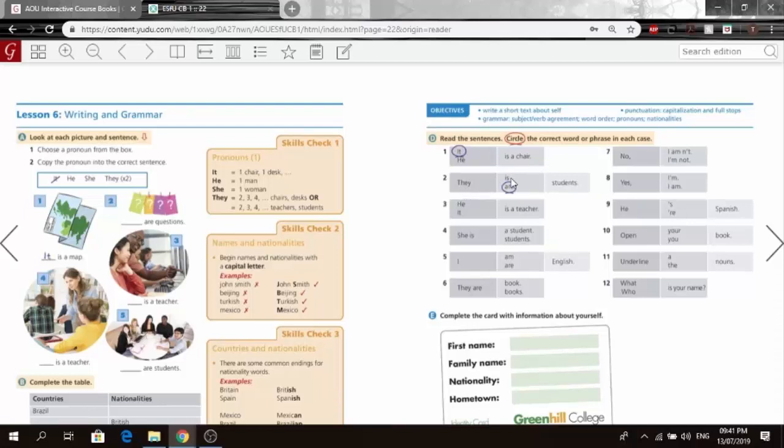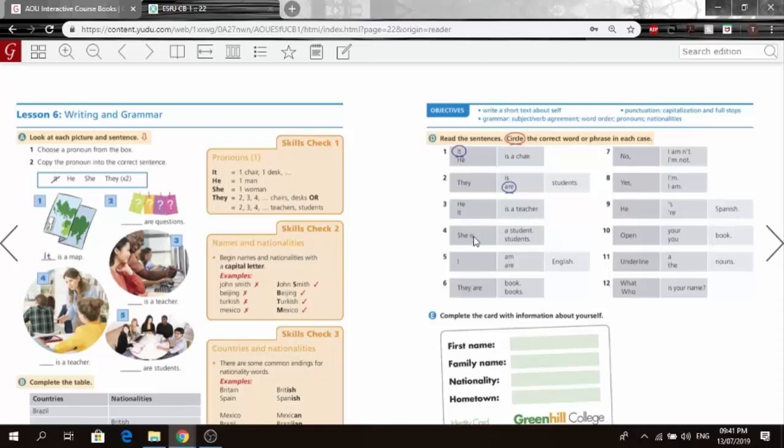They, I can't say is because it's plural. And students here, so they are students. He or it is a teacher. Obviously, a teacher cannot be an object unless we're in the future and we have robots as teachers, but for now, we use human beings. So, he is a teacher, okay?